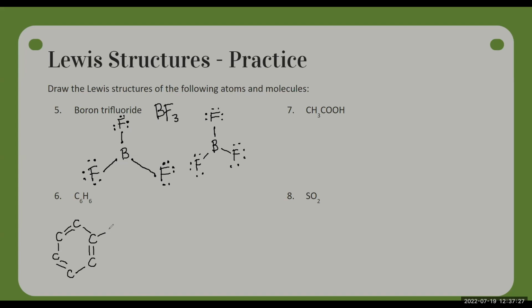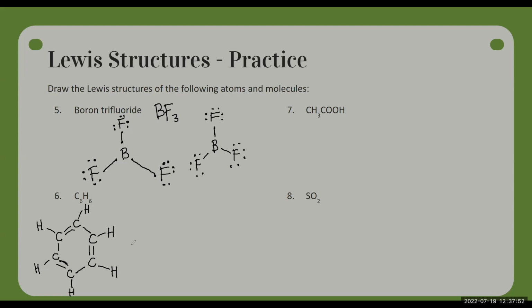And then in order to fill up octet, we can just make sure each carbon has 4 bonds. And we can do that by just basically throwing in hydrogens. So this is a structure that I'm usually familiar with.